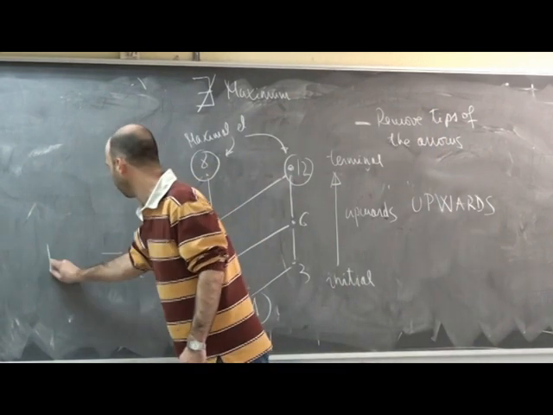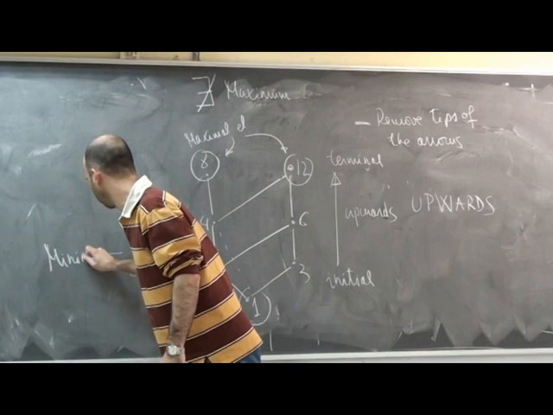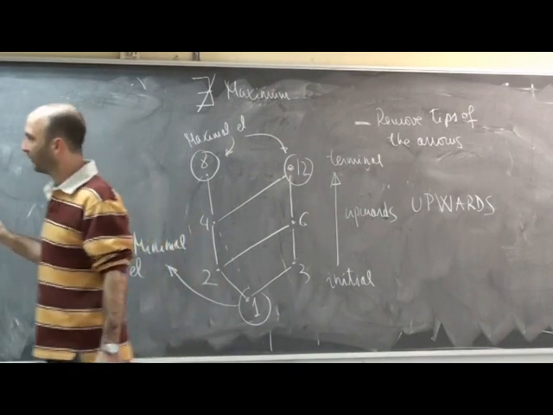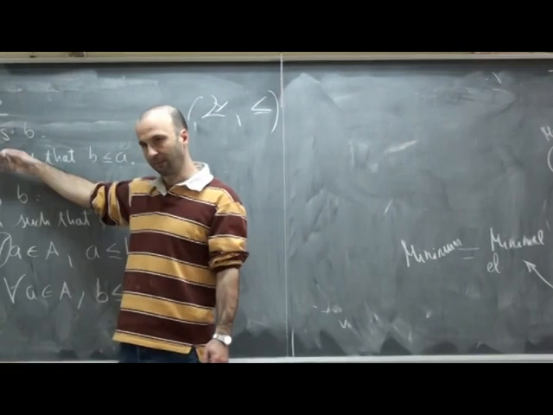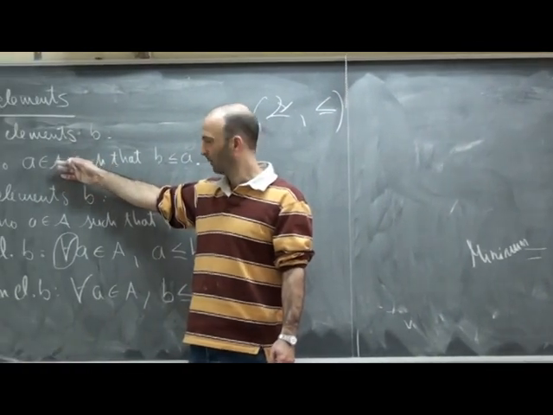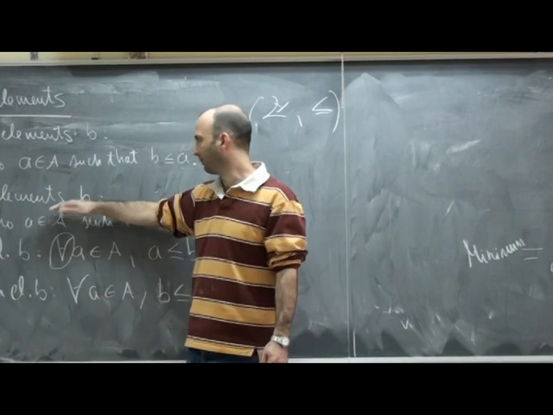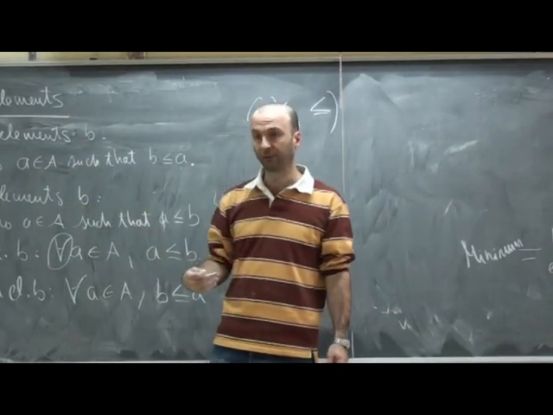So in this case, it is clear that a maximum is a maximal element, and a minimum is a minimal element. The other way around is false.